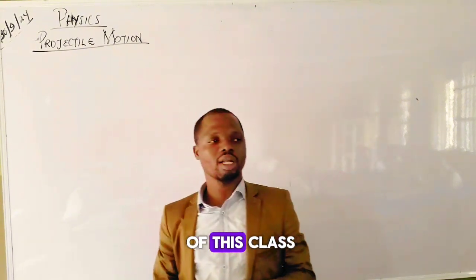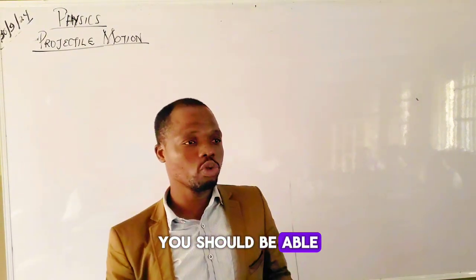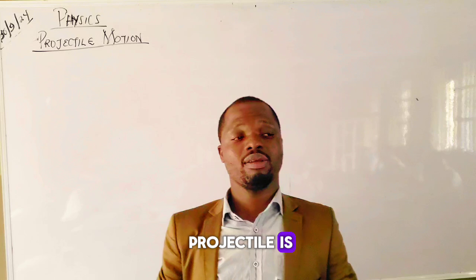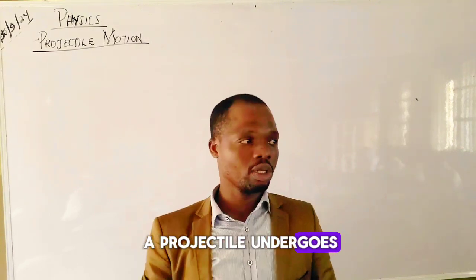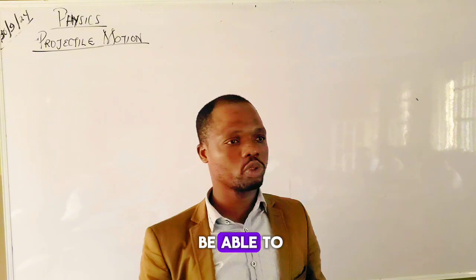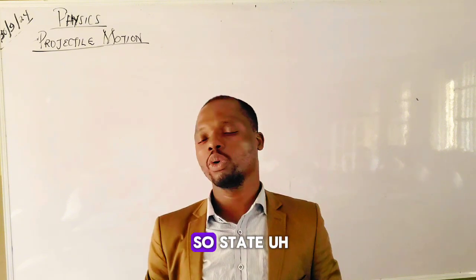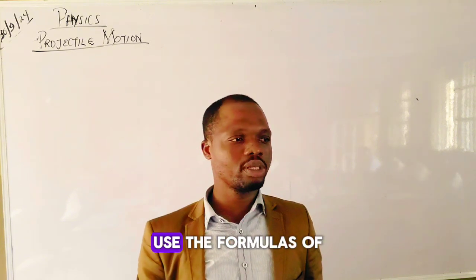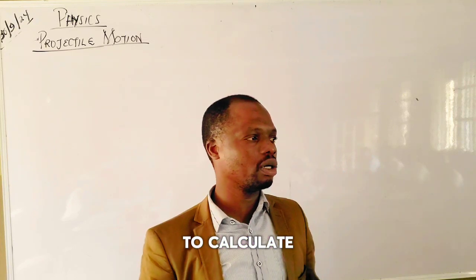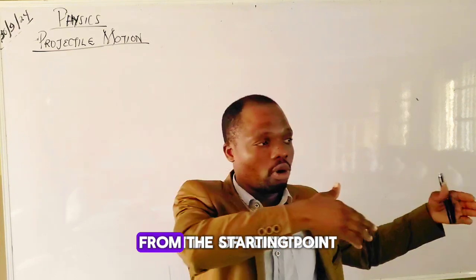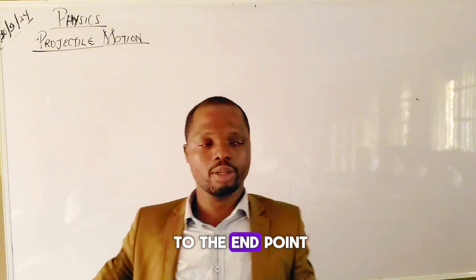And at the end of this class, you should be able to explain what a projectile is, the kind of motion a projectile undergoes. You should be able to state and use the formulas to calculate the time of flight from the starting point to the end point.